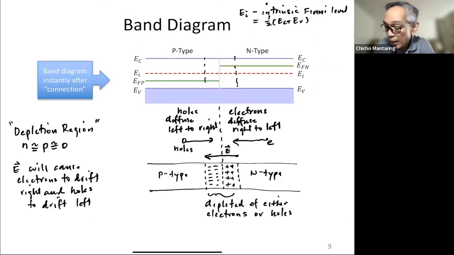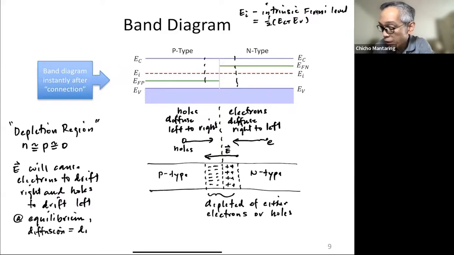Okay, at equilibrium, okay, the diffusion will be equal to the drift, no, and I total will be equal to 0. Okay, I total will be 0. Kasi yung electrons, for example, are diffusing, no, are diffusing right to left.